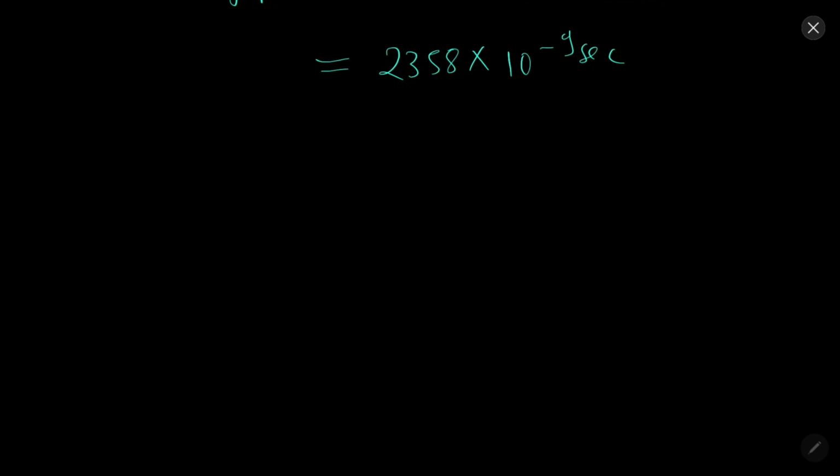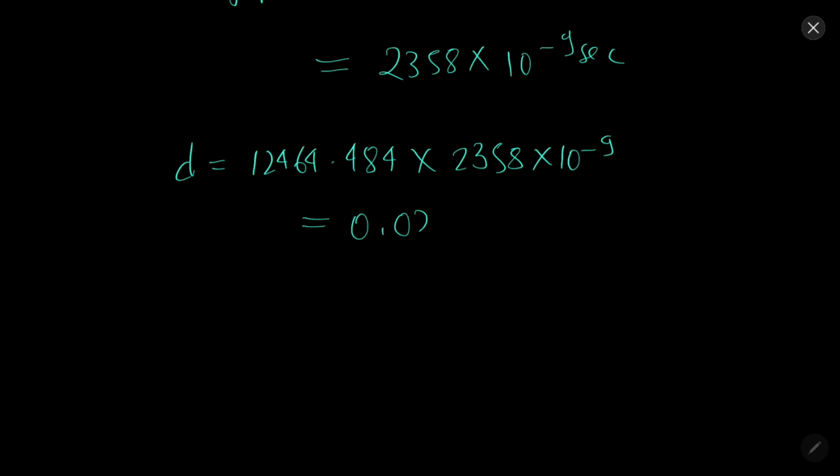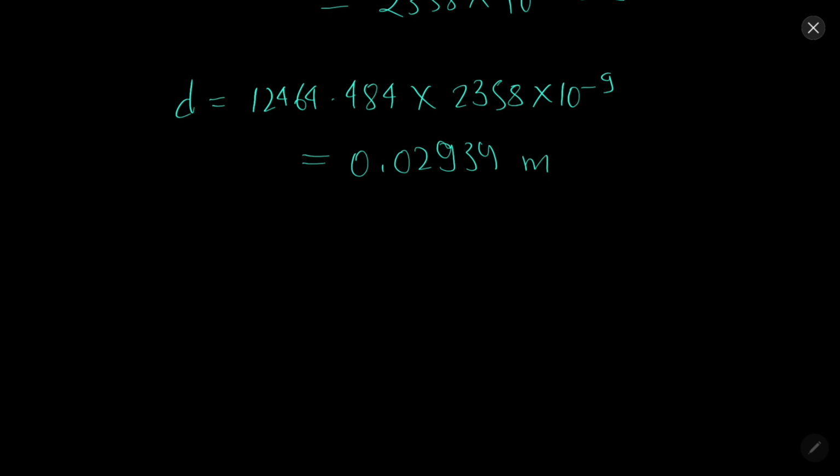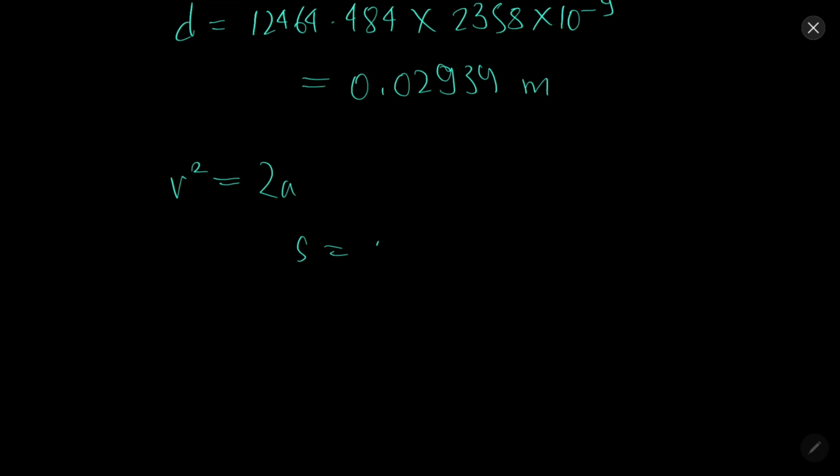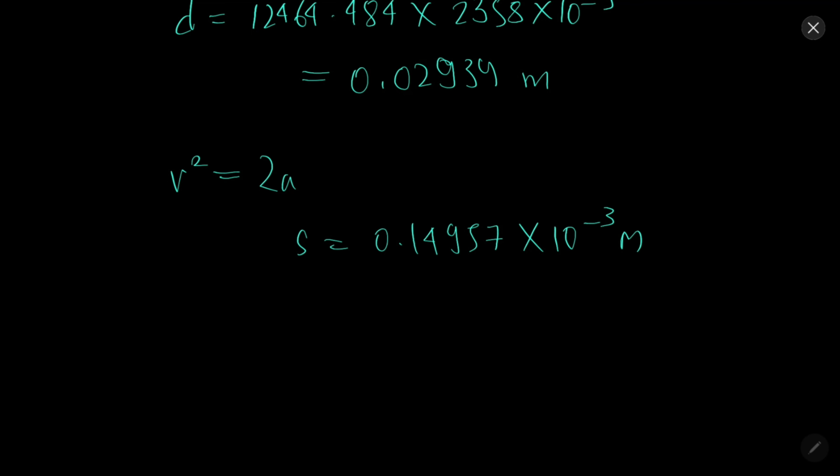So distance moved vertically will be 12464.484 into 2358 into 10 to the power minus 9, which will give us around 0.02939 meters. So v square equal to 2as. From here s will be 0.14957 into 10 to the power minus 3 meters.